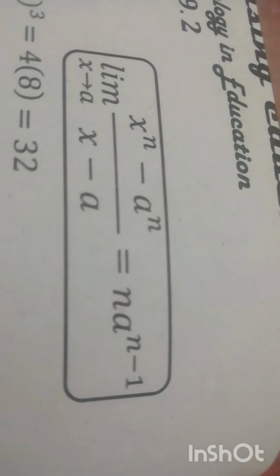Now discuss the second video. Already I told a very important theorem: the limit as x tends to a of (x^n minus a^n) divided by (x minus a) is equal to n times a^(n minus 1).